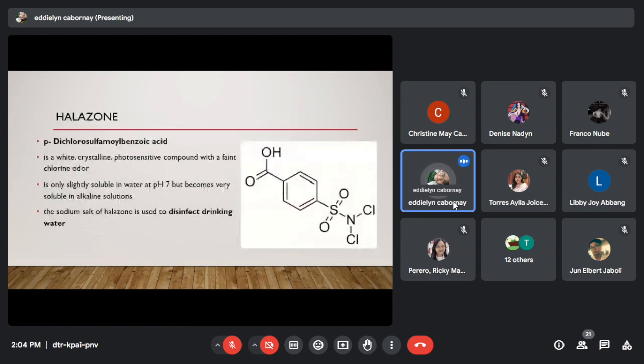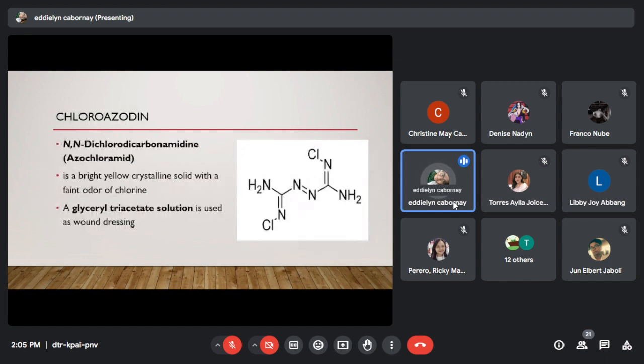So we have first the halazone. The other term is para-dichlorosulfonamido benzoic acid. So it is used to disinfect drinking water. Okay? So it is also used for mineral waters. Okay? So, halazone. So we have chloroazodin.